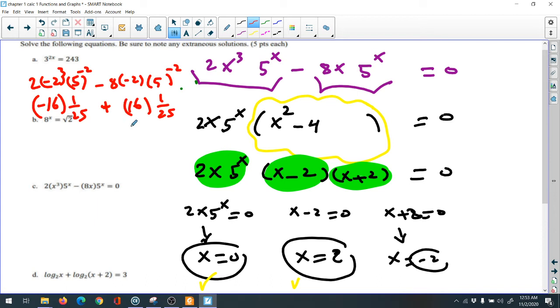So you have in this quantity 16 times 1 over 25, which is 16 over 25, and this will be negative 16 over 25. The answer is 0, so this will be one of the solutions. So we have three solutions for that, which are 0, 2, and negative 2.